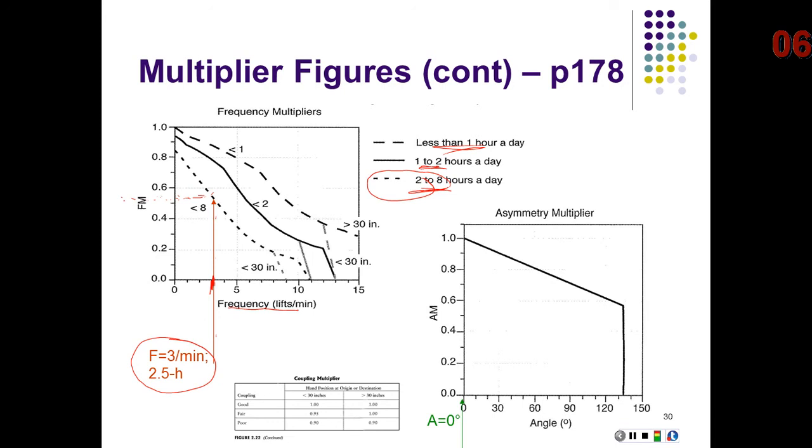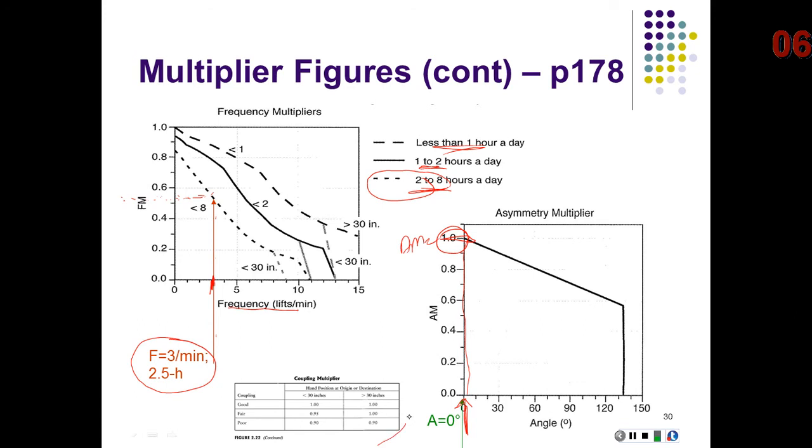I didn't draw it very well. It looks like it's about 0.51, 0.52. And then lastly, our A is equal to 0. There was 0 degrees of twisting, and so we followed it up to see where it crosses. It crosses at 1.0, and so our AM is equal to 1.0.